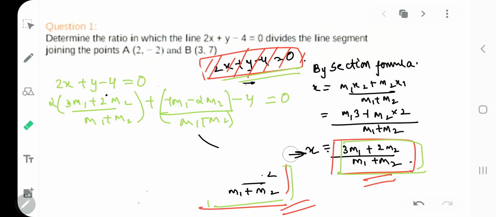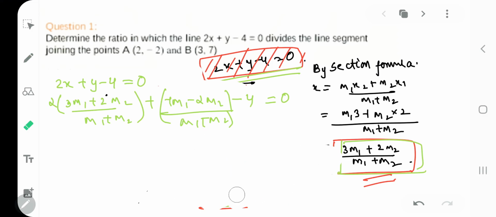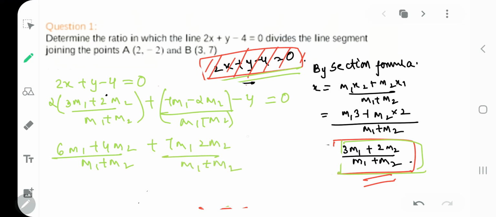How to solve this, my dear kids? You have to multiply this, of course. So it will be (6m1 + 4m2) upon (m1 + m2) plus (7m1 - 2m2) upon (m1 + m2). Clear? I'll take this 4 on this side.